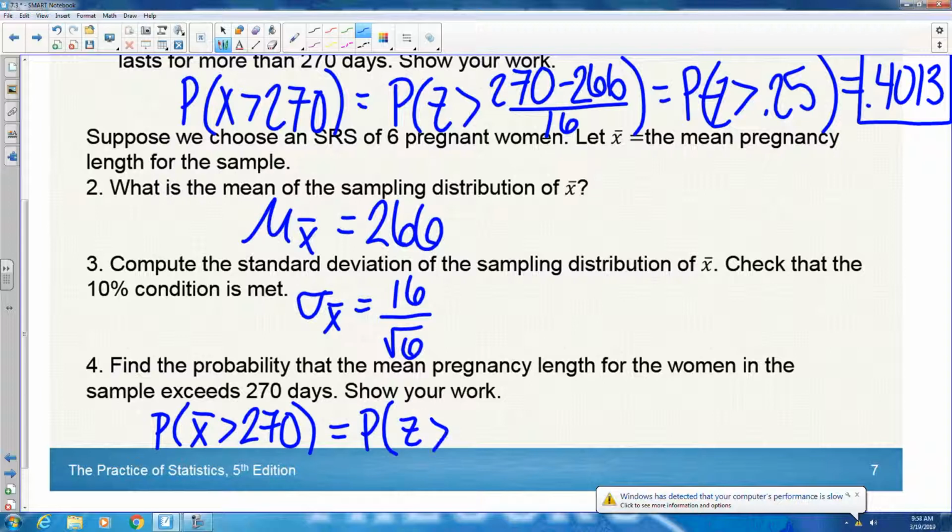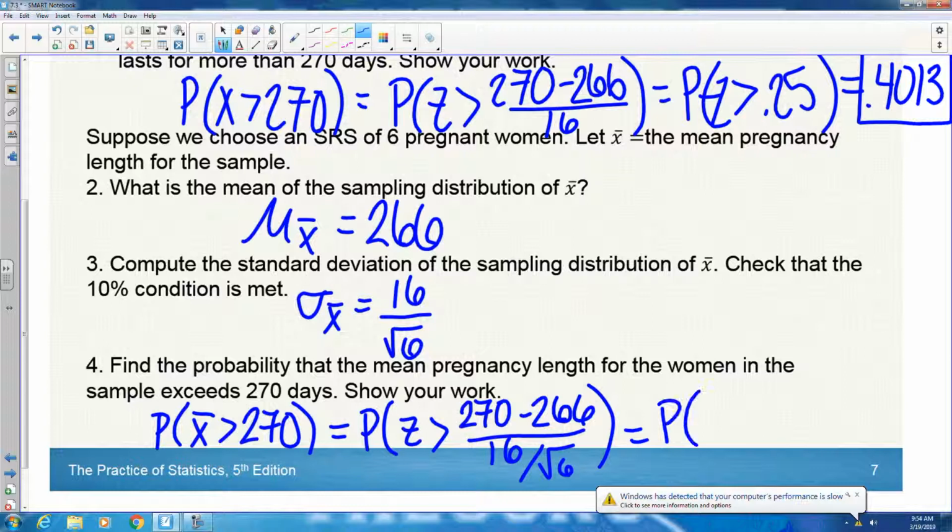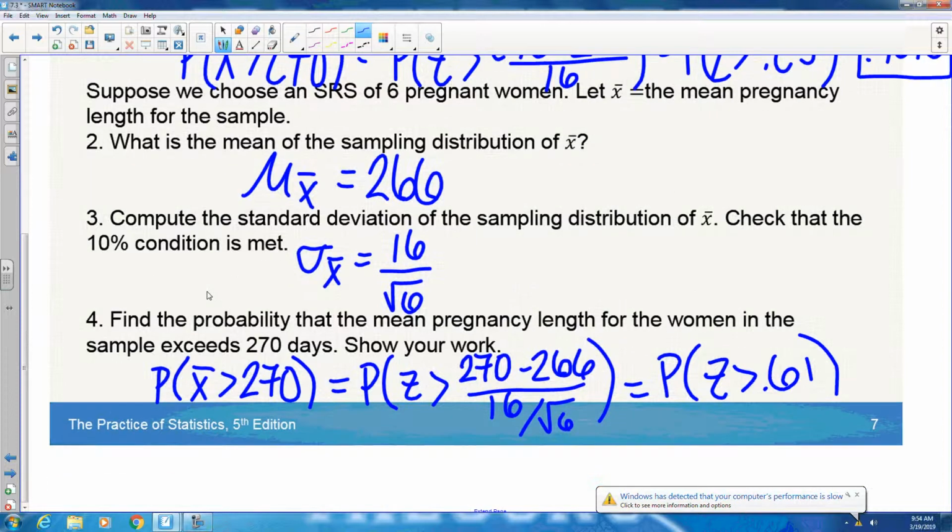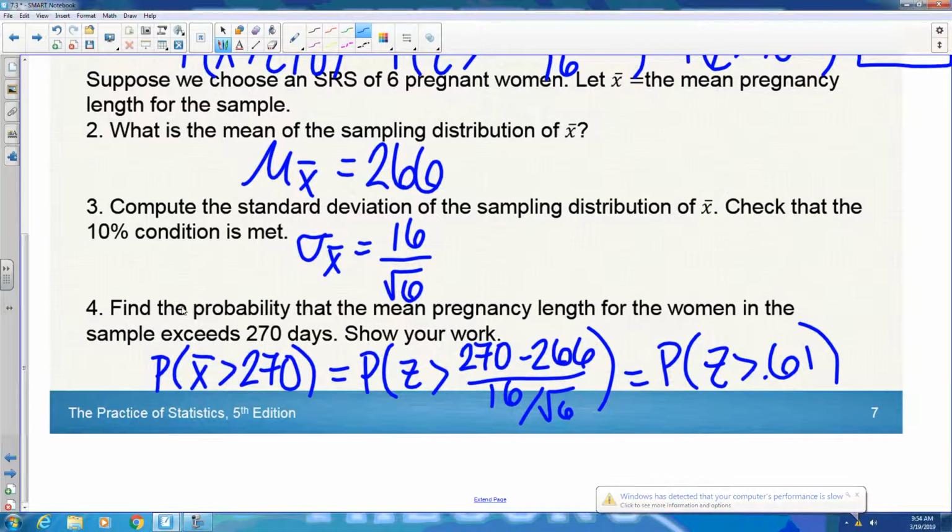So the z-score, after we divide by our new standard deviation, 16 over the square root of 6, our z-score is 0.61. And the probability after subtracting it from 1, since it's greater than, is 0.2701.